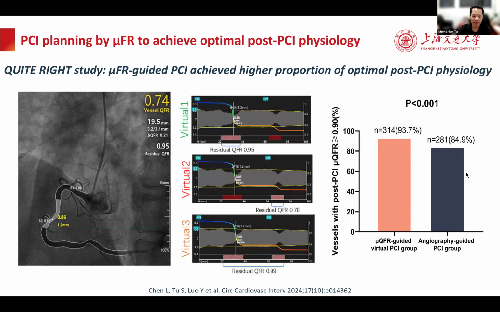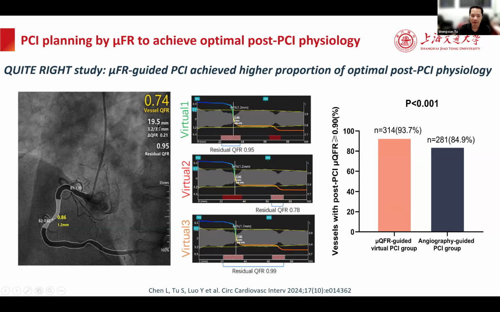But how to do that? The MUFR software has a virtual stenting tool. This could be useful if you have a tandem lesion, so one lesion here and one lesion here. The software tells you that if you stent the proximal one, the MUFR will improve from 0.74 to 0.95, and if you stent the distal one, you increase from 0.74 to 0.78.